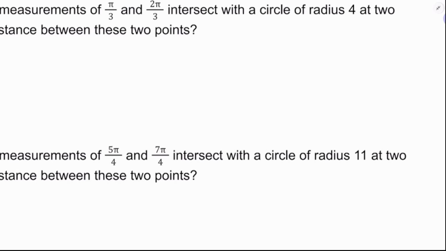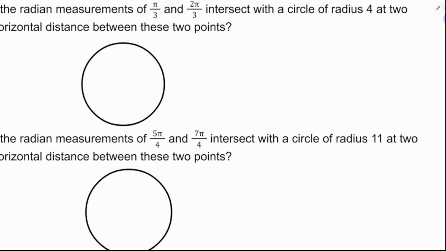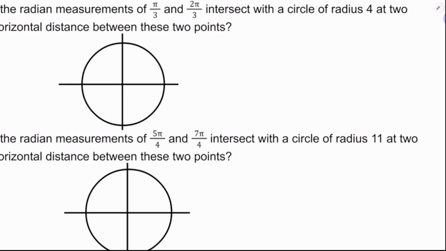Right, now we've got 2 more of these. Okay, so I'm going to say, all right, pi over 3 and 2 pi over 3. If I was to draw, I need to draw the axes. Pi over 3 and 2 pi over 3, those are going to be up here at 60 degrees, and also up here at 60 degrees.